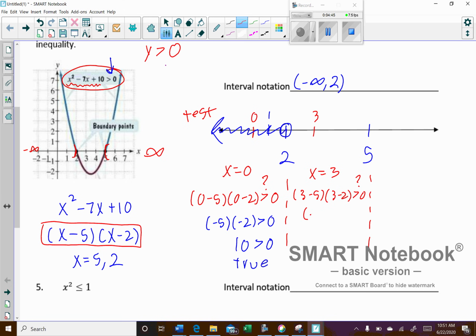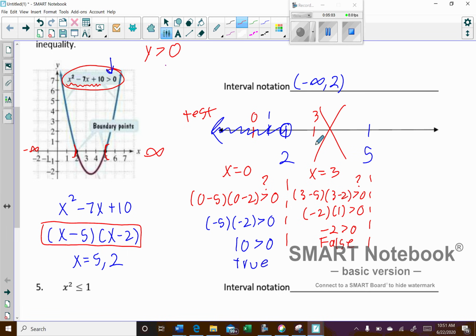That'll end up giving us negative 2 times 1, which is negative 2. Negative 2 is not greater than 0. That is false. So we don't want to shade that interval between 2 and 5.